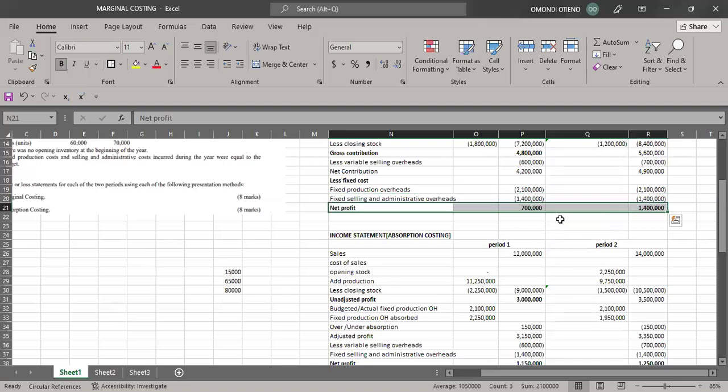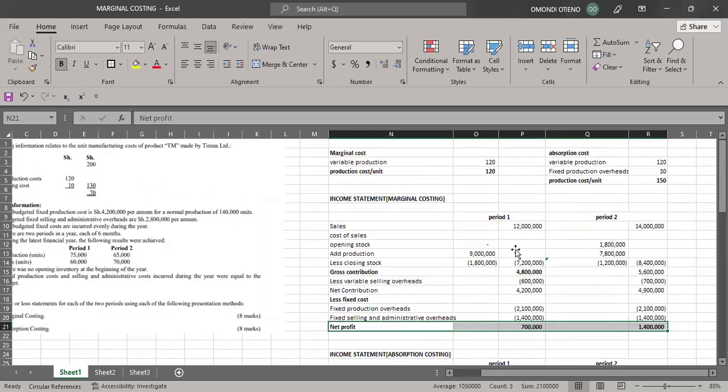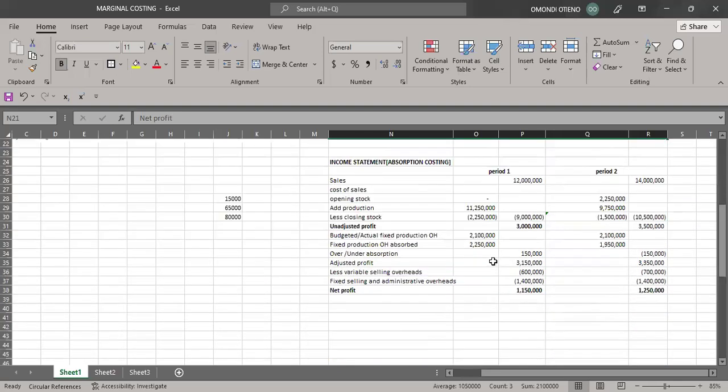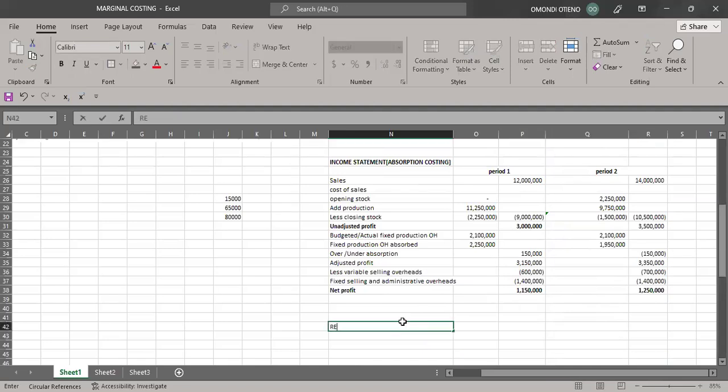Great. Now, before we proceed, is there someone who is willing to understand how to prepare a reconciliation statement of the same? Is there someone who is ready for the reconciliation statement?